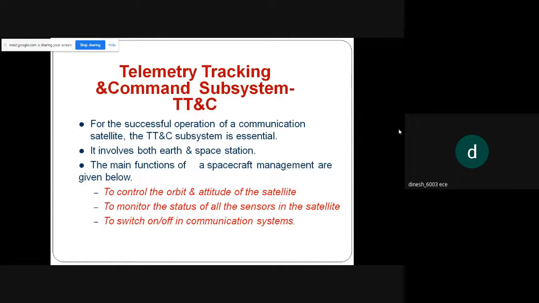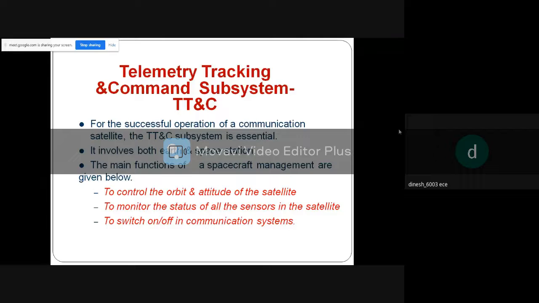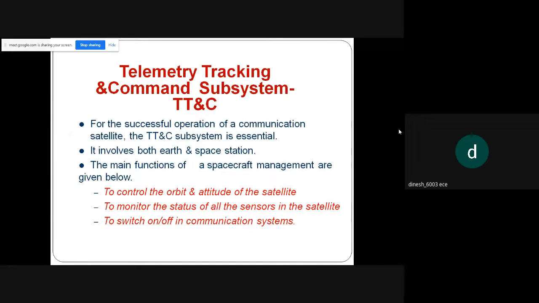Next comes the important TTC, telemetry, tracking and command subsystem. In short, we call it TTC. For the successful operation of a communication satellite, the TTC is also essential, where it involves both the Earth and space station.